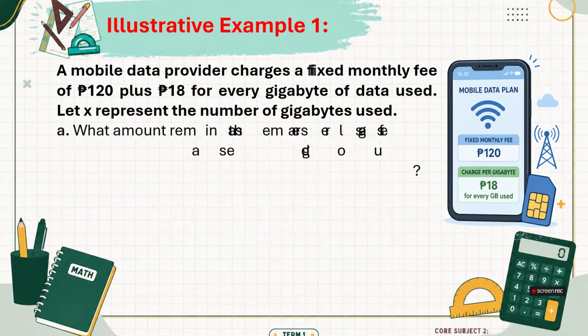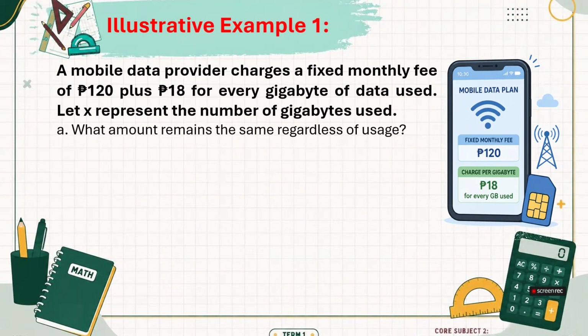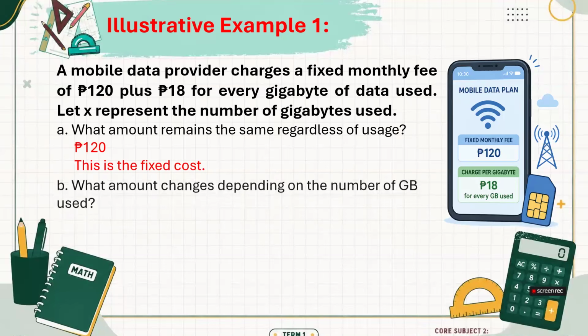So let us start with letter A. The amount that stays the same is, obviously, 120. And this is called the fixed cost. Okay. Now, what about the variable that changes? Correct.